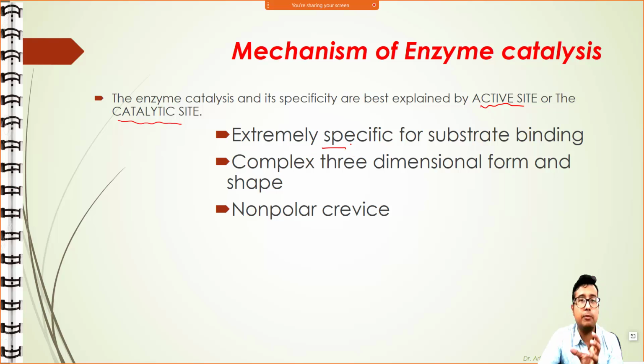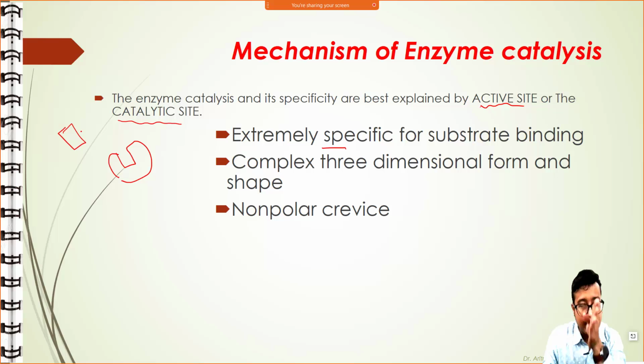And how are they specific? In most textbooks, you see a 2-dimensional diagram, the lock and key model, all that. A square diagram, an enzyme like this, and a substrate which looks like this. Basically, it's not that 2-dimensional, the whole thing is a 3-dimensional structure. Basically, it's a hole or a crevice, okay, a crack.